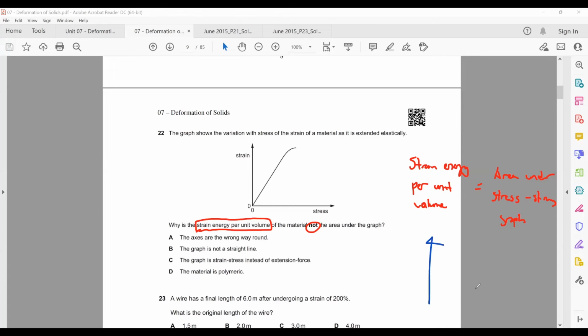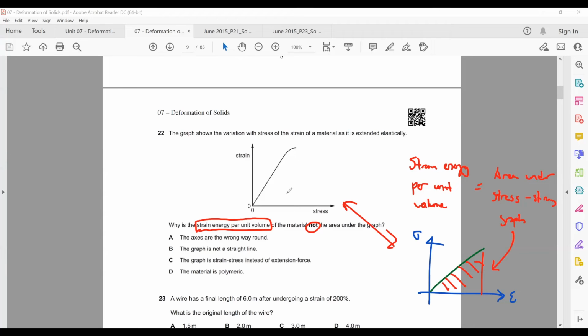That means that in a graph of stress versus strain, like this, for example, it will be this. So what is wrong when you compare it with this graph?